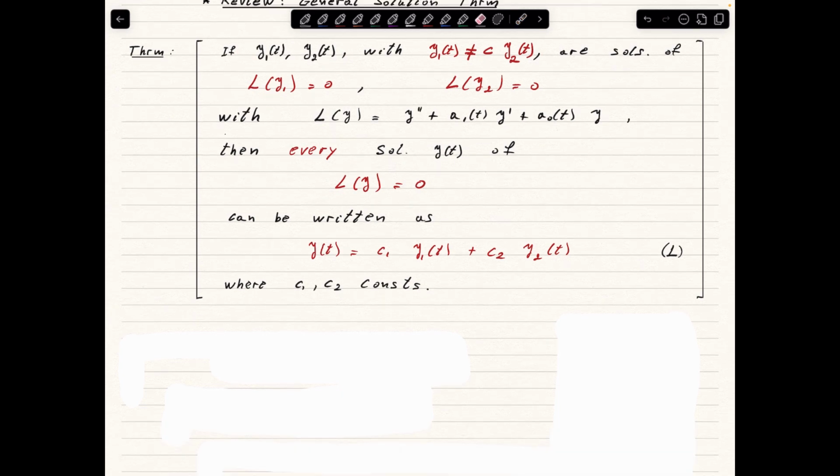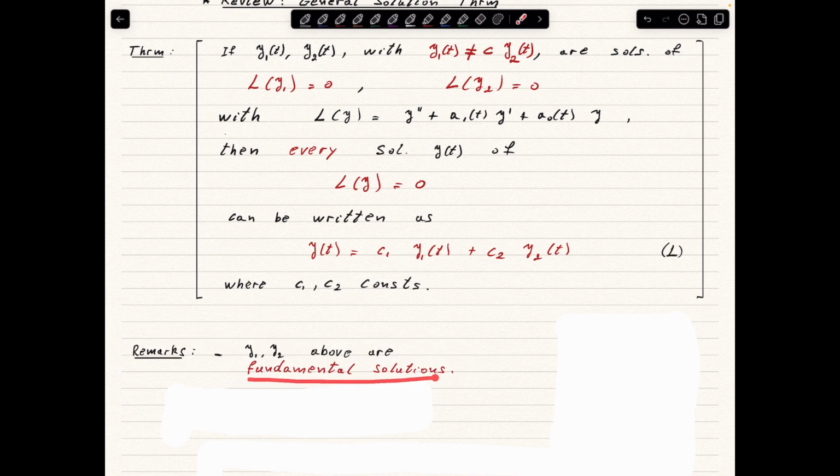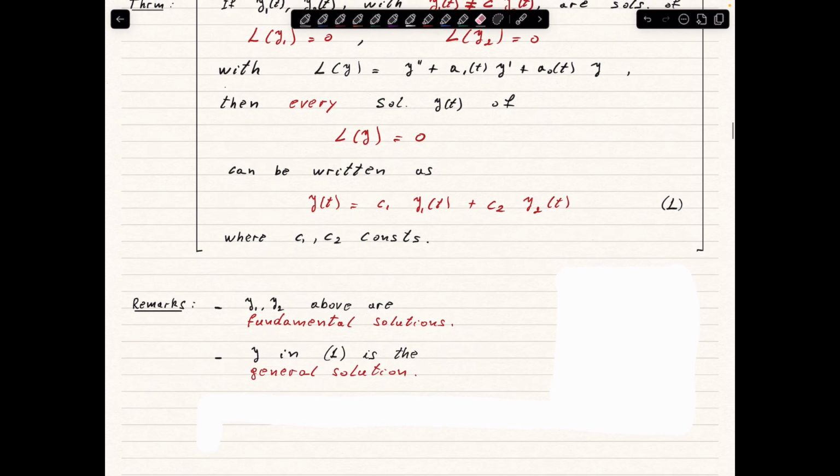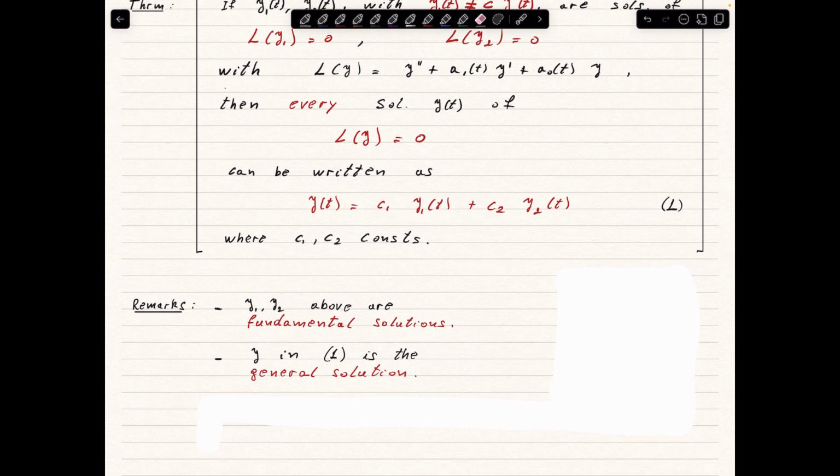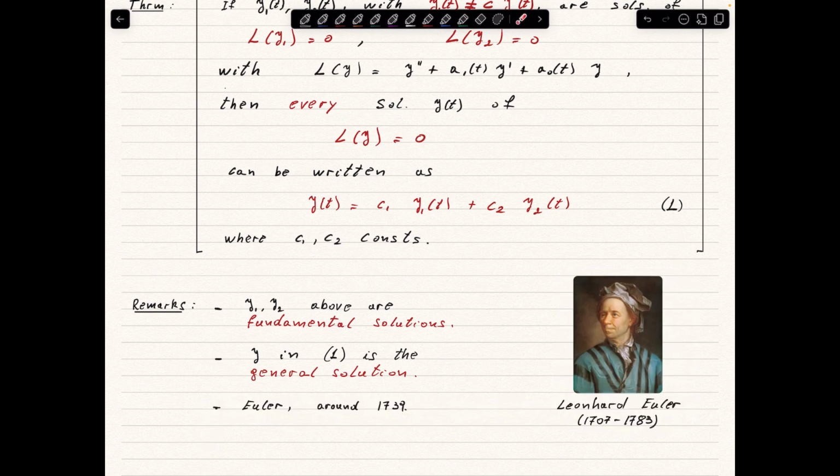Because of this important property, these are called fundamental solutions. So fundamental solutions are two solutions of the differential equation that are not proportional to each other. And then this formula over here is called the general solution of the equation. This result was first found and written by Leonhard Euler around 1739.